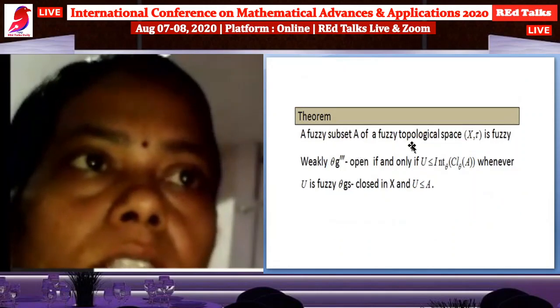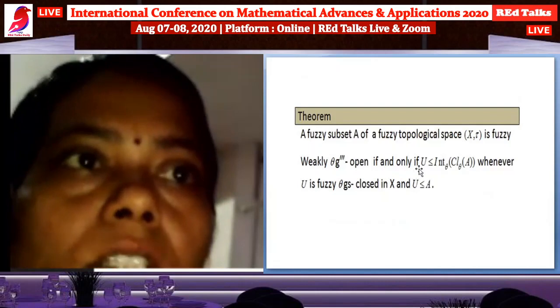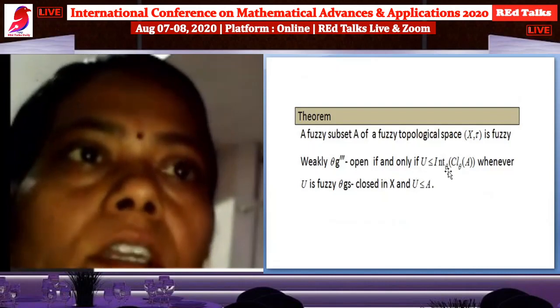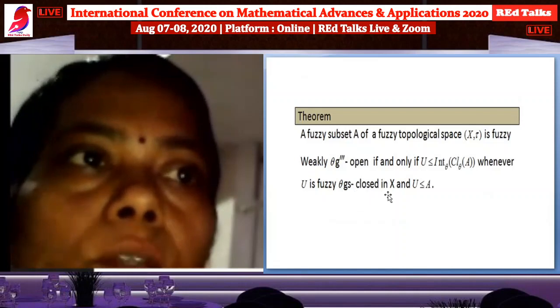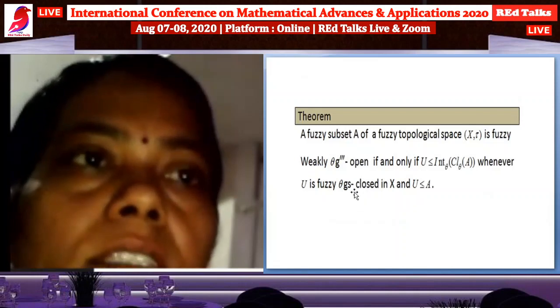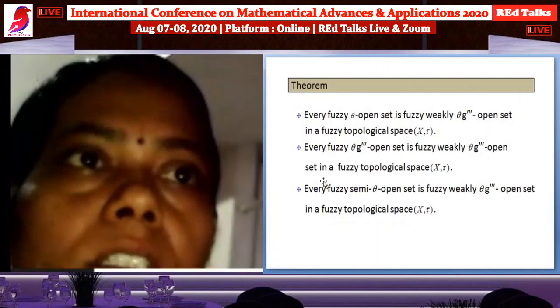Another theorem: a fuzzy set A of a topological space is fuzzy weakly theta G triple dash open if and only if U is less than or equal to theta interior of theta closure of A whenever U is fuzzy theta G closed in X. Every fuzzy theta open set is a fuzzy weakly theta G triple dash open set in a fuzzy topological space. Every fuzzy theta G triple dash open set is a fuzzy weakly theta G triple dash open set in a fuzzy topological space.